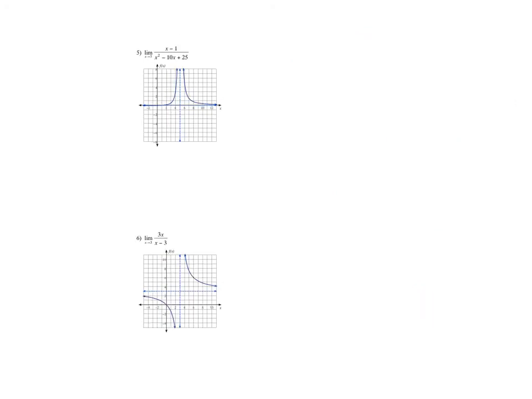The next one, if we factor, we get an x minus 1 and an x minus 5 squared. So we can't cancel anything in the basement, and they do want to know what happens at the asymptote. In this case, the graph goes up on both sides.